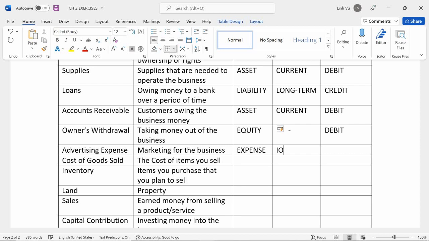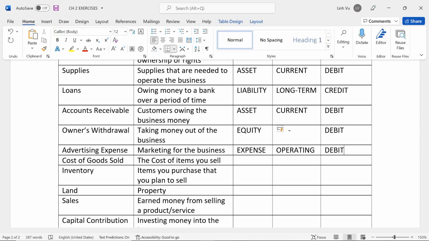It is for operating. Okay. Now, how would you increase an expense account? Debit. Yes, you would debit the account. Good. Right? Okay, what about cost of goods sold?